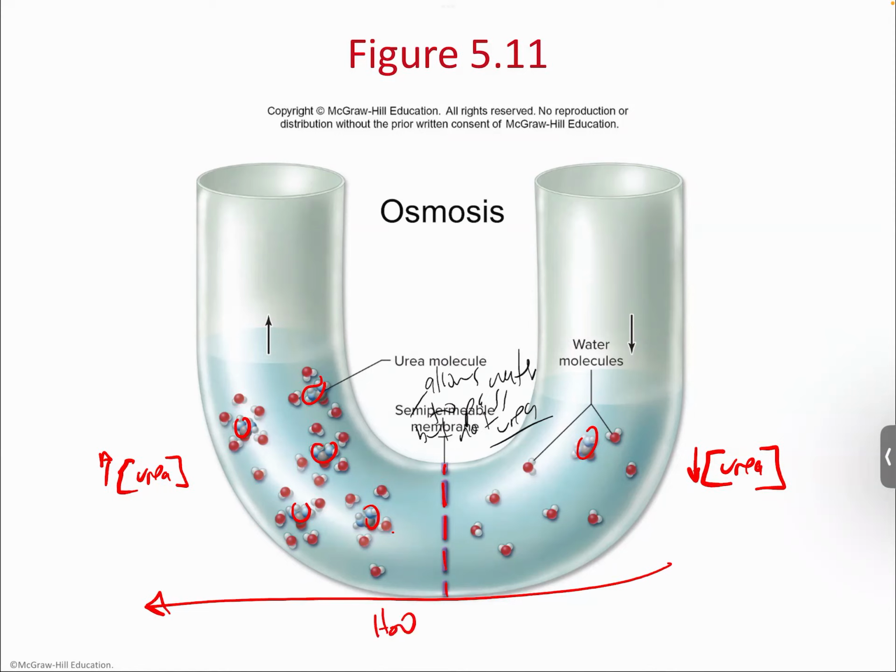And you can actually tell that, right? Because you can see the difference in the volume. Here's one level of volume, here's the other level of volume. So in order to equilibrate everything and make all the concentrations the same, water had to move to one side and add more water to the system in order to dilute it all.